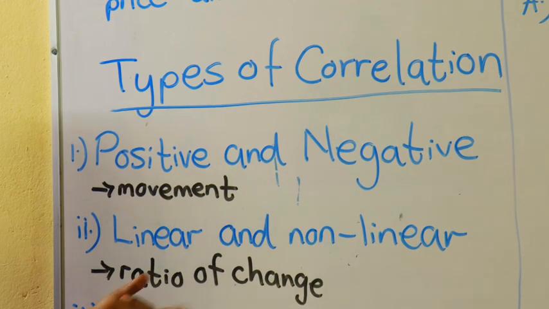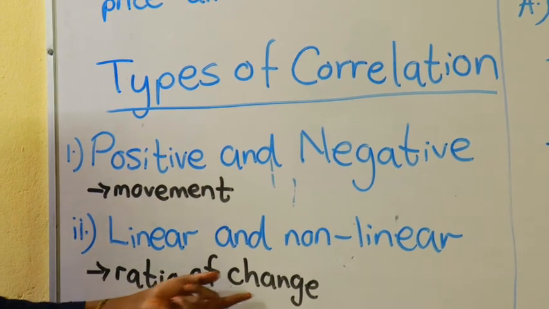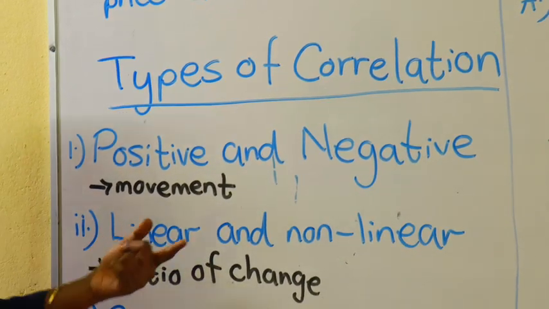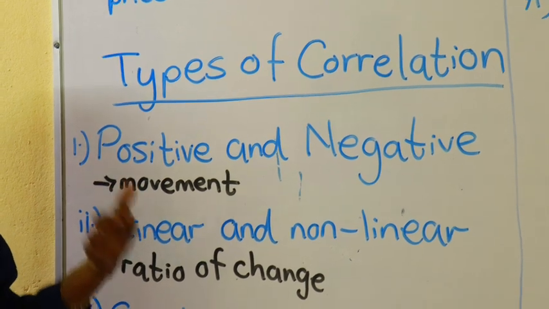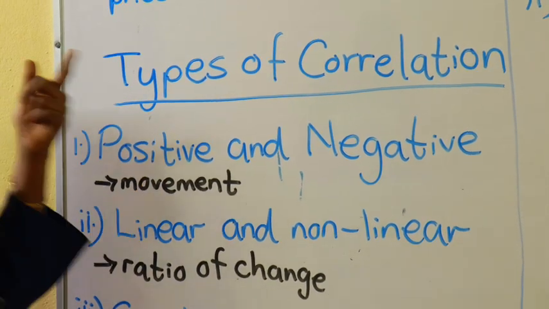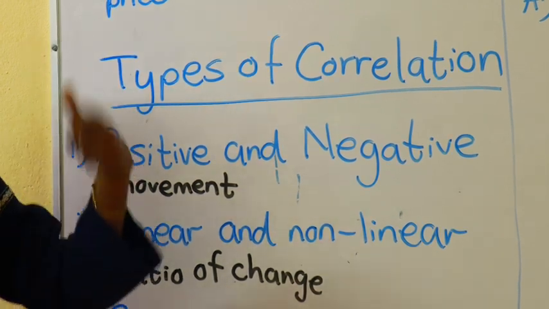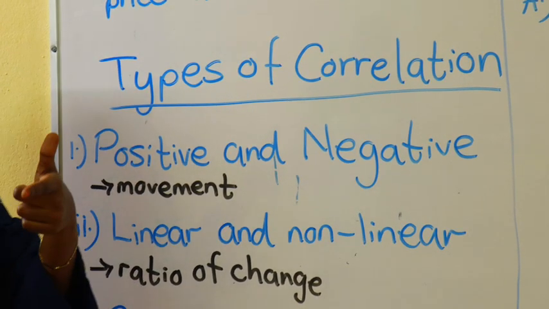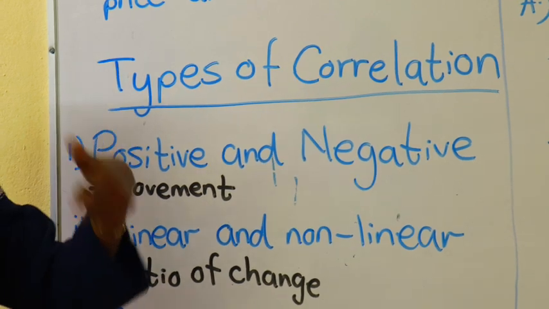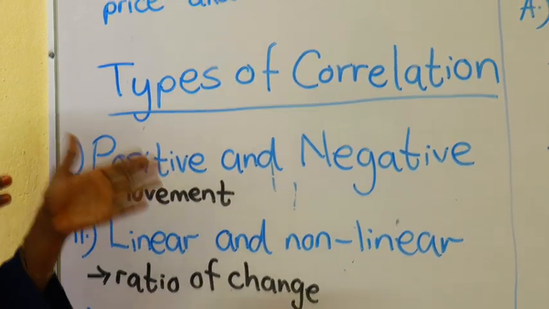So the other one is linear and non-linear. When you look at linear and non-linear, you look at the ratio of change. When it is linear, the ratio of change is a constant. Say when income increases by 5,000 every month, and then expenditure also increases by 5,000, 5,000, 5,000. You see that ratio, it's a constant.